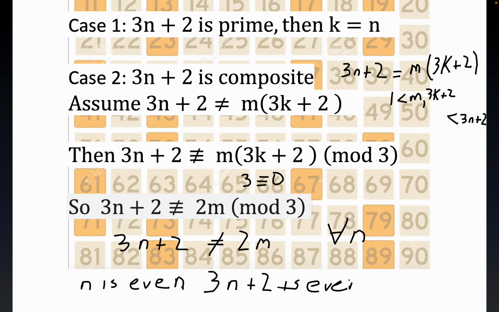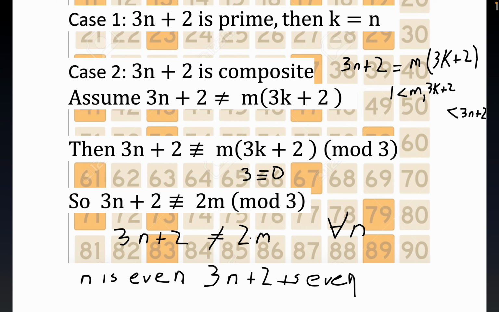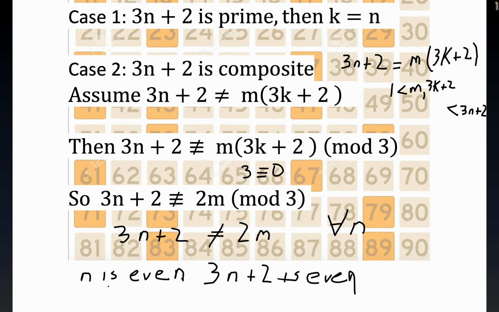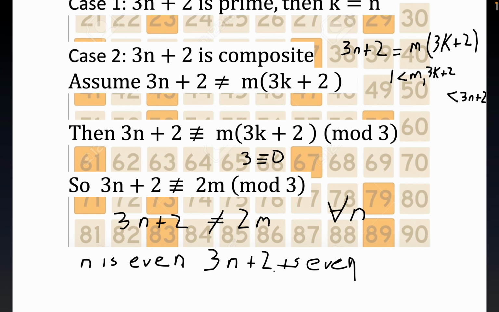So this is what the contradiction statement means: it means that 3n plus 2 is never an even number. But I just told you that if you take n to be any even number, 3n plus 2 is an even number. 3 times an even number plus 2 is again an even number. This is supposed to read 3n plus 2 is even.